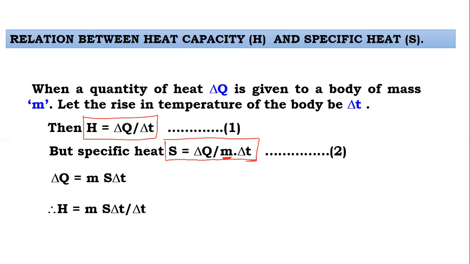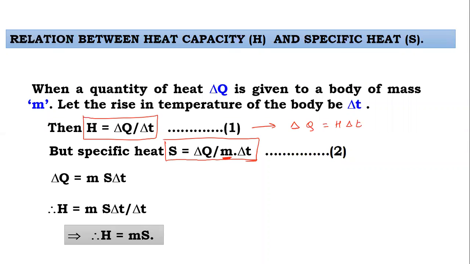And by using this H, we can write delta Q is equal to H into delta T. And by solving both, we get this formula: H is equal to M into S. So this delta T gets cancelled.